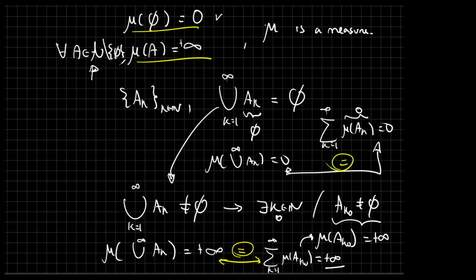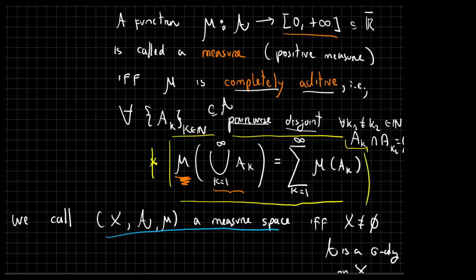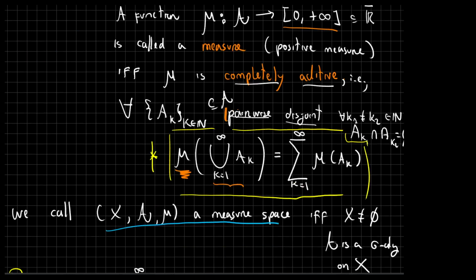So in every case, the function is completely additive. So that means that it is a measure. All right, it is important to recall that this equality is necessarily to hold only for pairwise disjoint families.